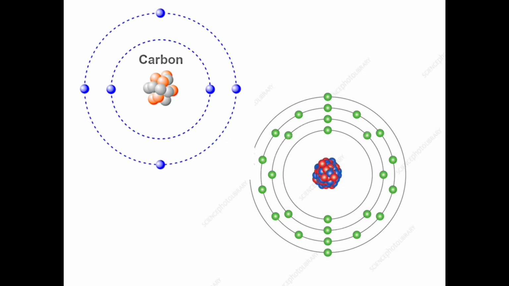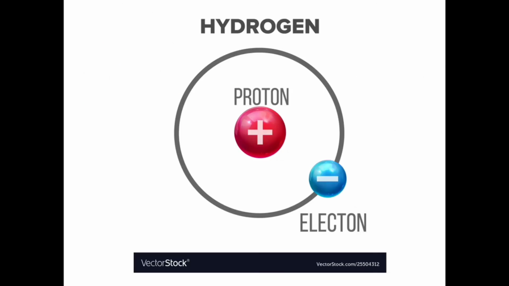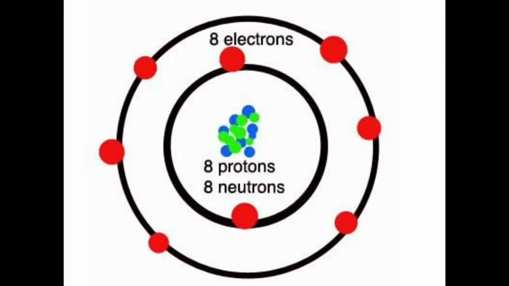Further investigations led to the discovery that the number of protons inside the nucleus of an atom determines what element it is. For example, if the nucleus has only one proton, then it is said to be a hydrogen atom. If it has 8 protons, then it is an oxygen atom.